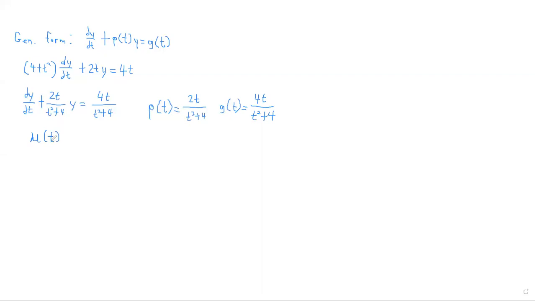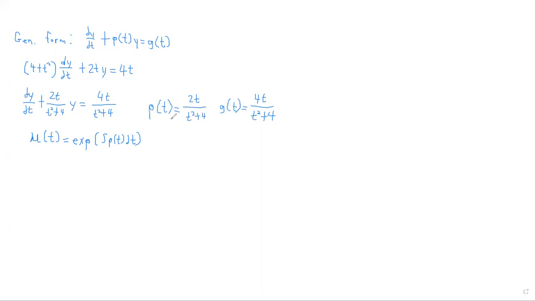And the formula for that is e to the power of, or exp, that's another way of saying e to the power of, the integral of p of t dt. So let's figure that out.